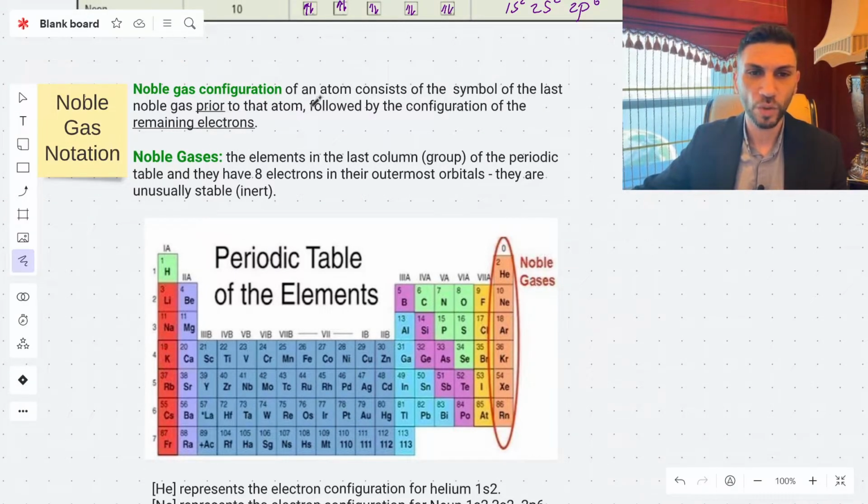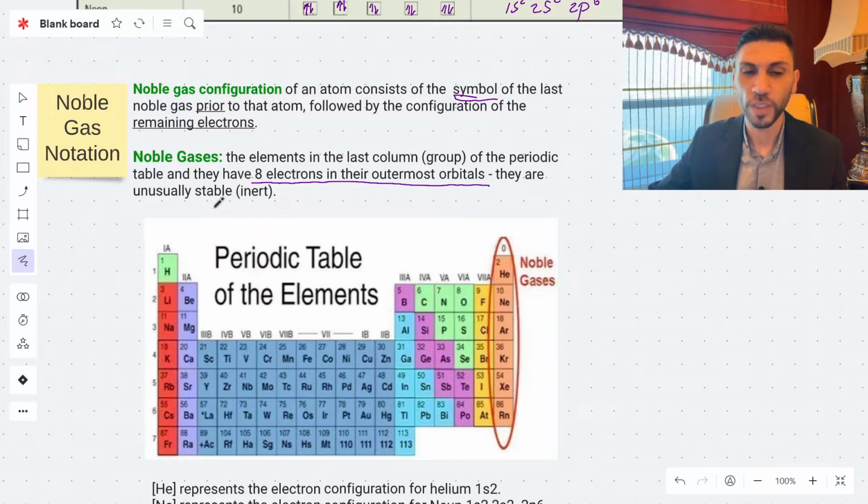What do you mean by a noble gas, and how do we use the noble gas notation? The noble gas configuration of an atom consists of the symbol of the last noble gas prior to the atom, followed by the configuration of the remaining electrons. The noble gases are the elements in the last column, that means the last group of the periodic table, and they always have 8 electrons in their outer shell.